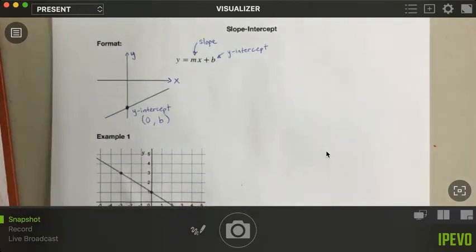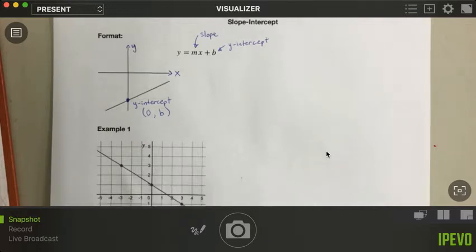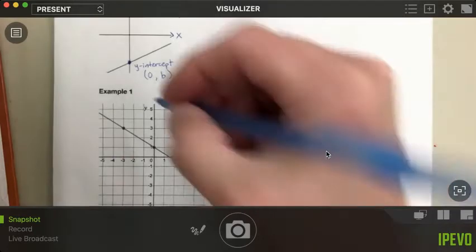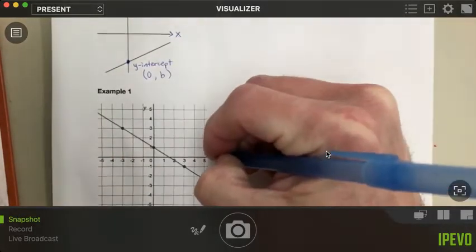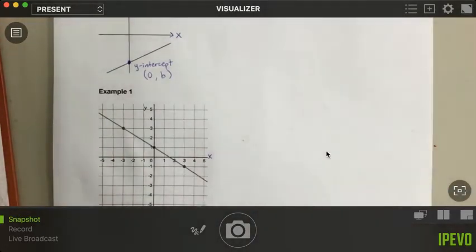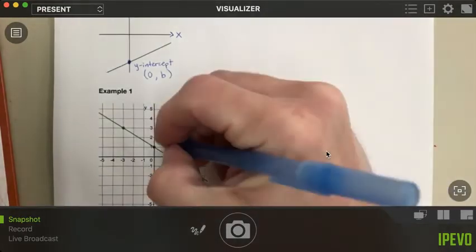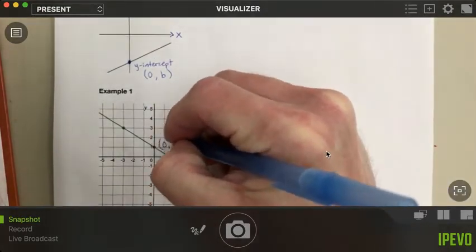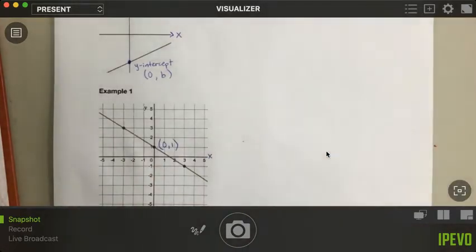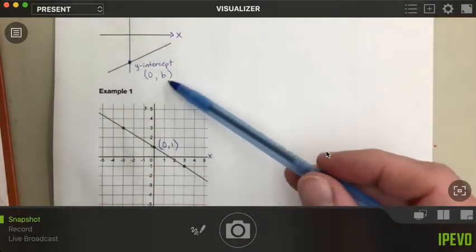And I just want to make sure that you're familiar with multiple setups. So here, once again, here's our y-axis. And let me label this. Here's our x-axis. All right, in this case, I see my y-intercept is right here, and that's the point 0, 1. If you remember, we're thinking about that as 0, b.